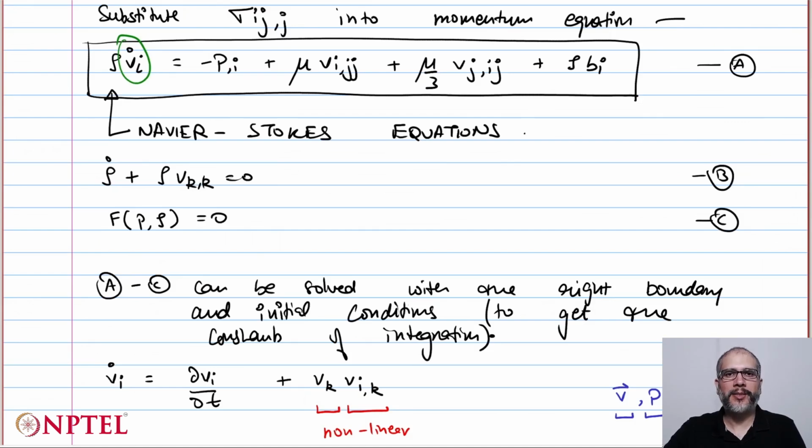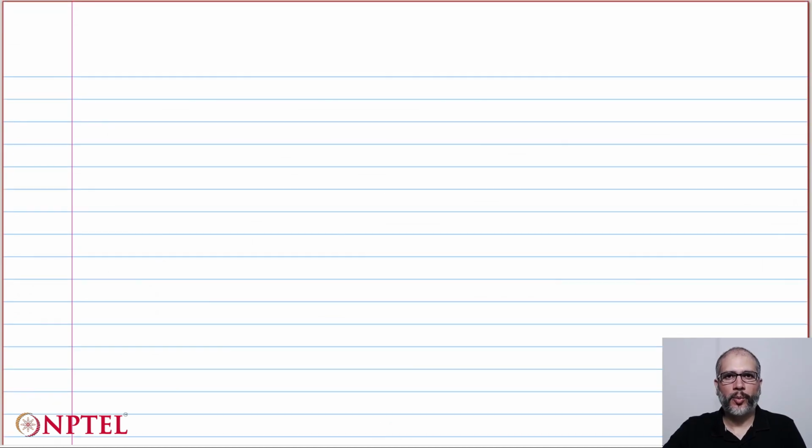But typically as engineers, what we do is we apply some simplifying assumptions, and when we apply those, it may happen that the equation takes a form which can be solved analytically. So now we'll discuss some of those special cases which reduce these equations to simplified forms, which are typically discussed in a course in fluid mechanics as well.